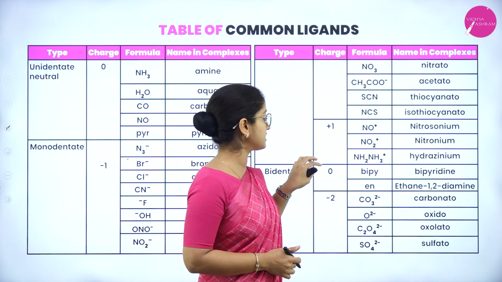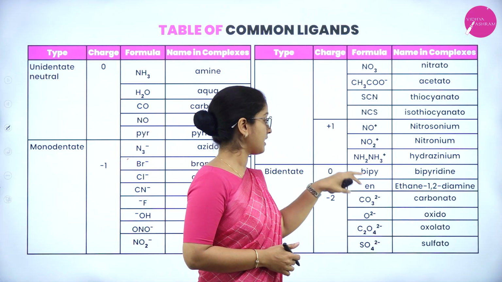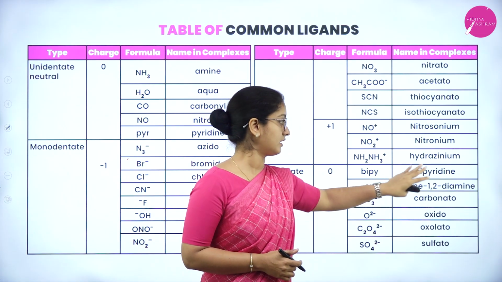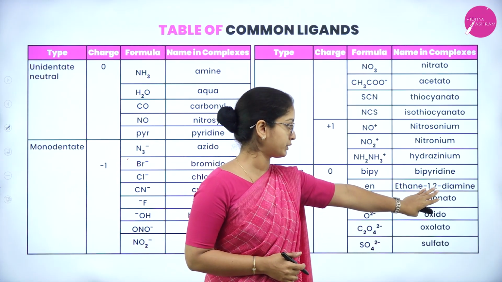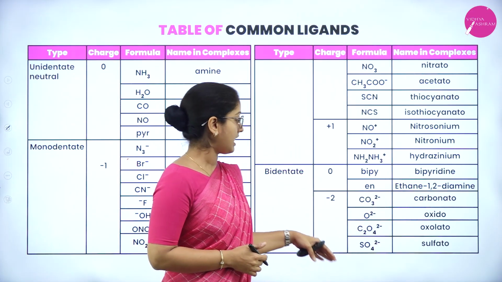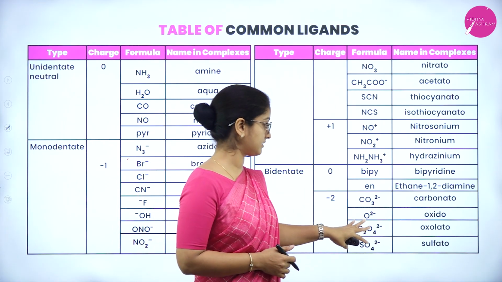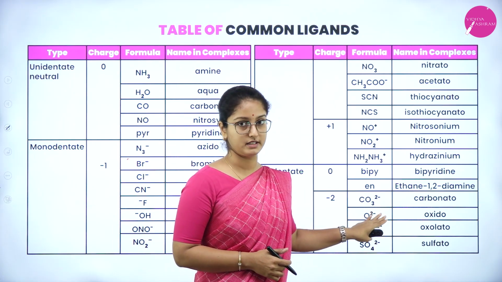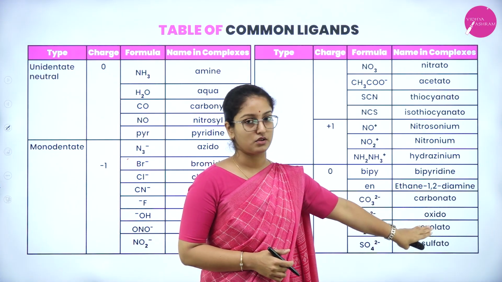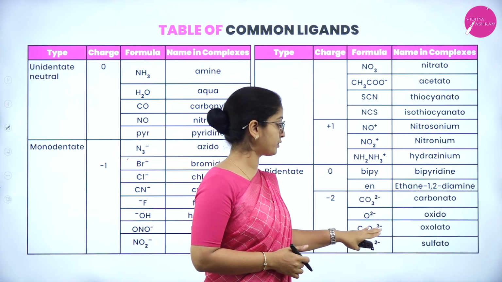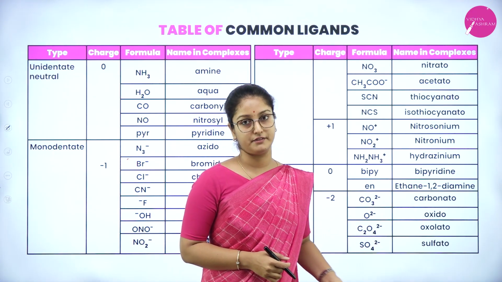The charge here is 0: bipy is bipyridine, en is ethane-1,2-diamine, and with charge -2 we have CO3 2- carbonato, then O2- is oxido, C2O4 2- is oxalato, then SO4 2- is sulfato.